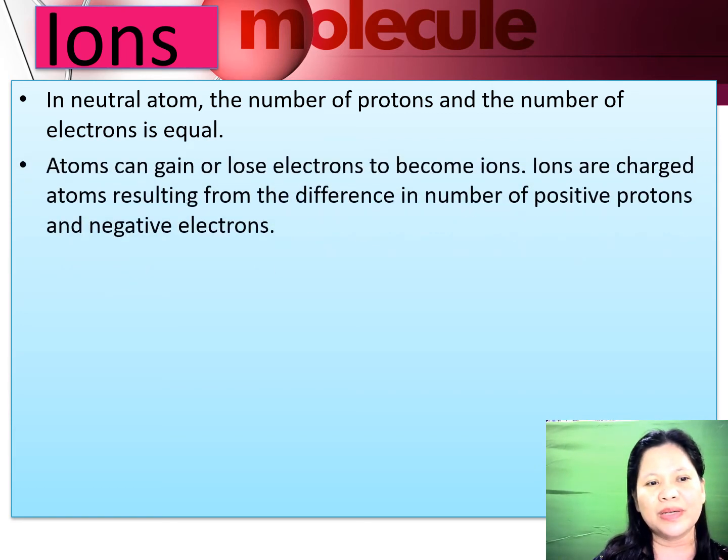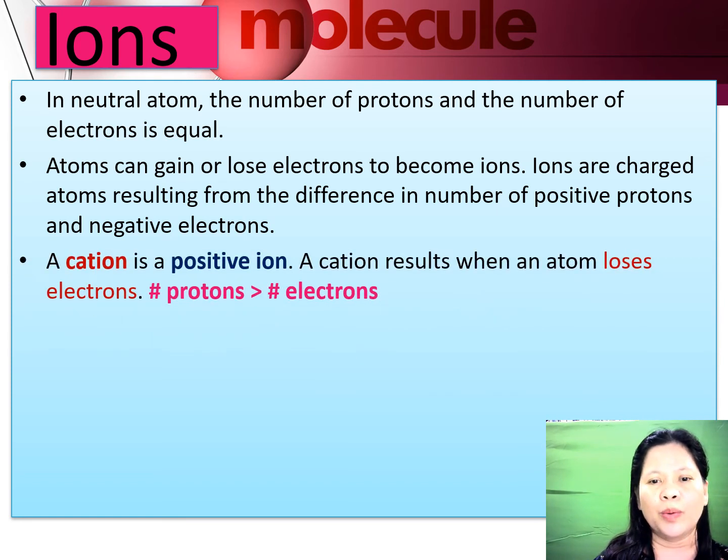Okay? So atoms can gain or lose electrons to become ions. Ions are charged atoms resulting from the difference in number of positive protons and negative electrons. So what will be affected here is the electrons. If it is a positive ion, that is a cation.